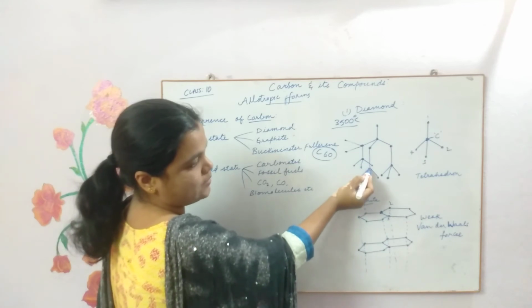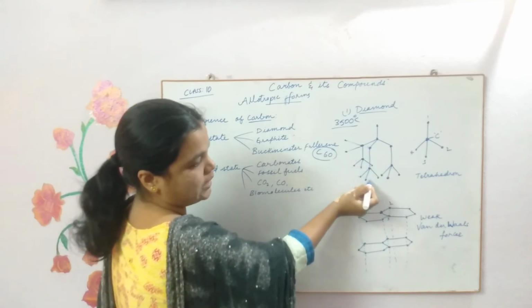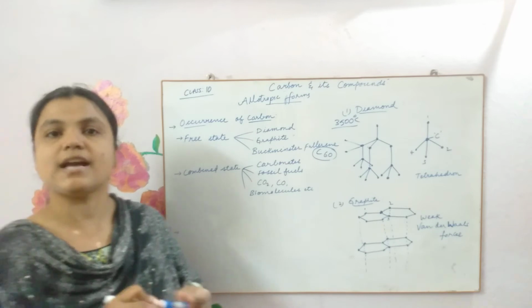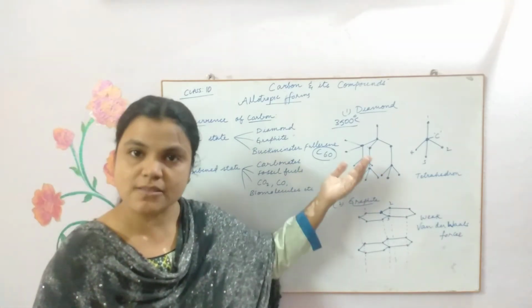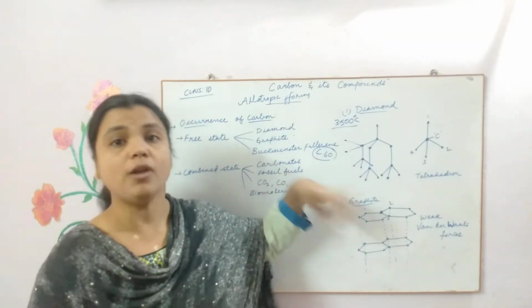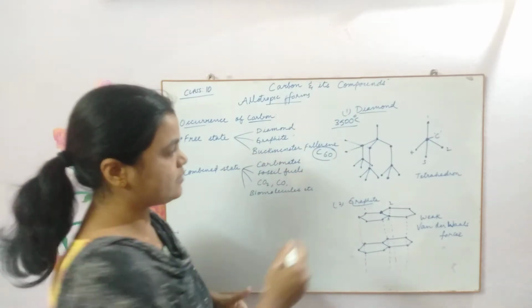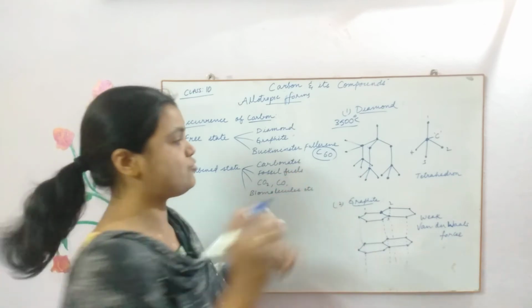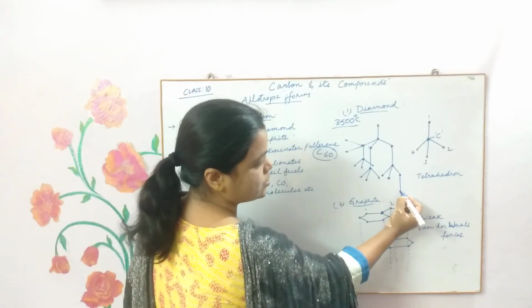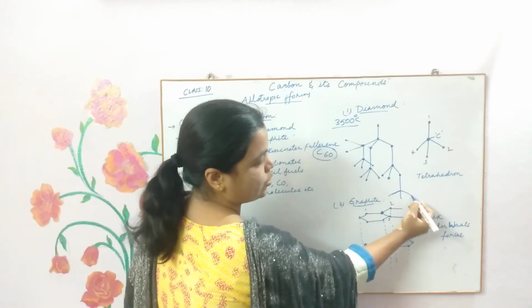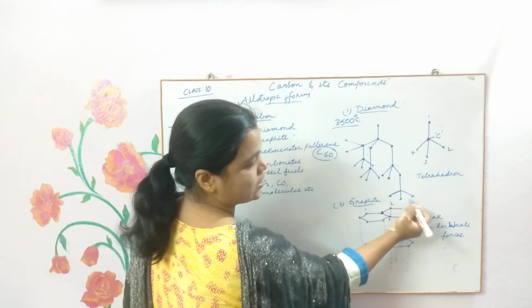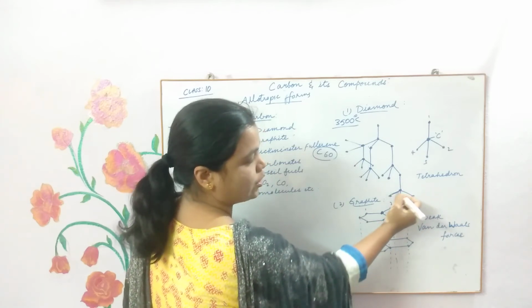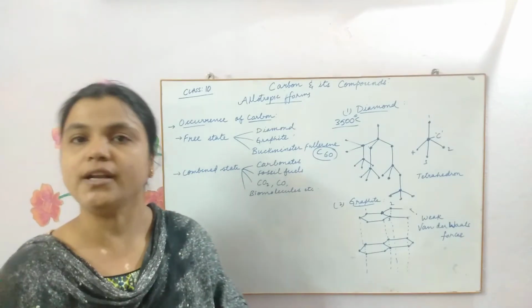Like that, each carbon atom binds with 4 other carbon atoms. You can go on extending this structure. You can just pull this one out and draw a tetrahedron structure like this. A carbon is paired with 4 different carbons.